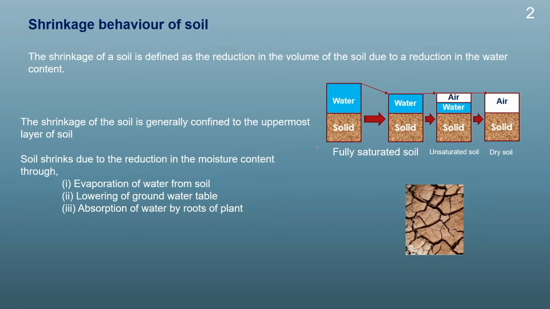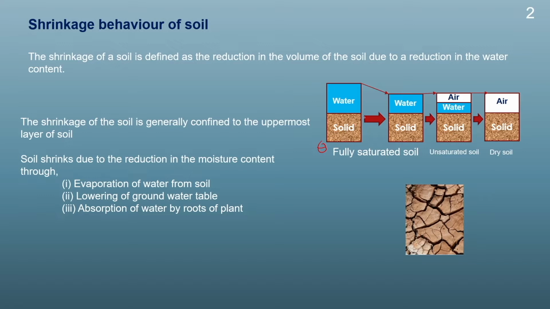So, we can see in here there are 4 different stages of a soil. First, take the case of the first soil, which is a fully saturated soil. In fully saturated soil, the soil has 2 phases, the water phase and the solid phase. So, it is a 2 phase diagram.